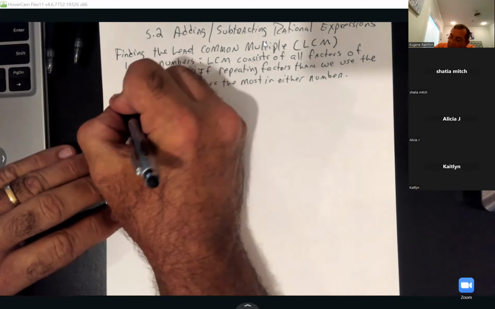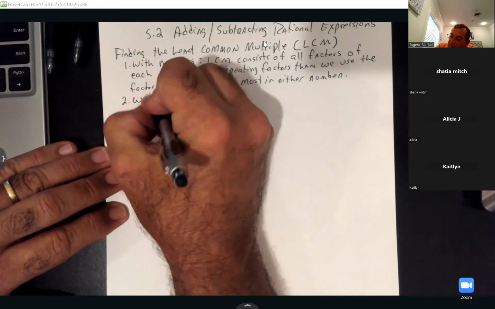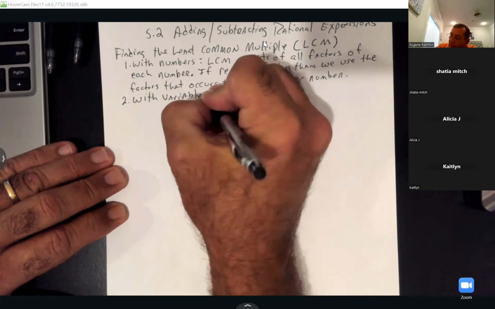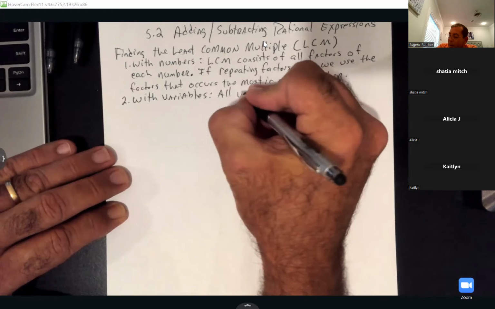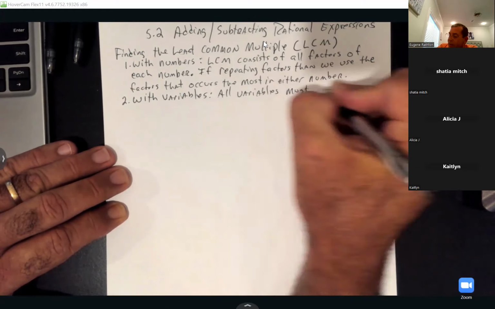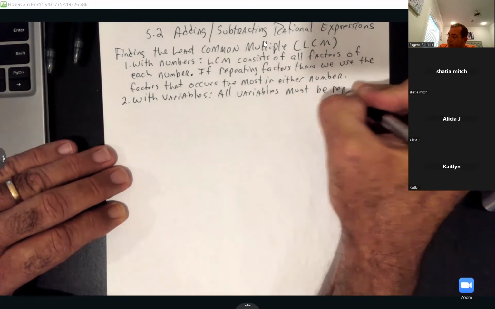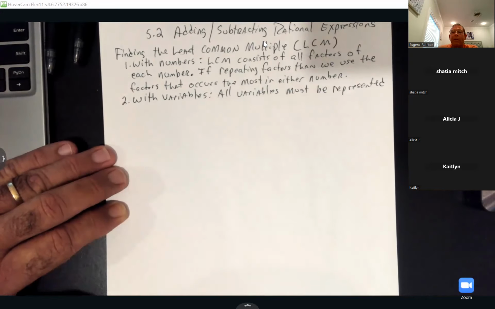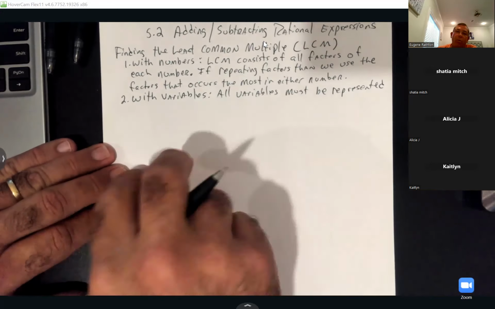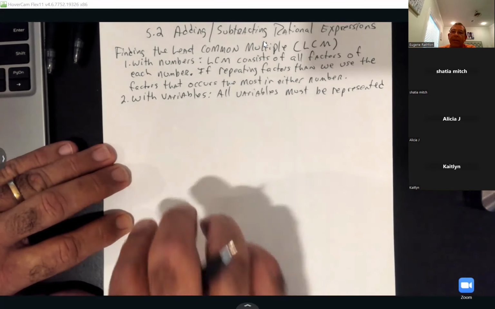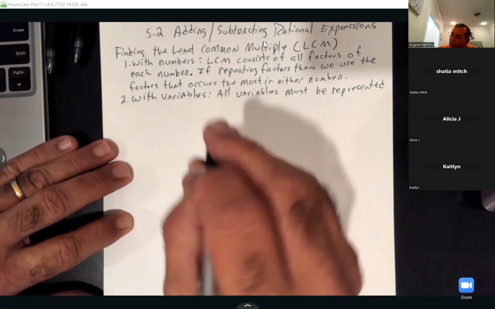Now, with variables, all variables must be represented. So X's and Y's, if one's got X's and one's got Y's, we have to have X's and Y's in our least common multiple.